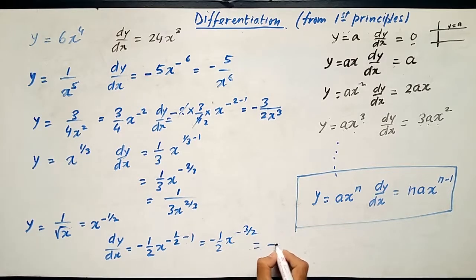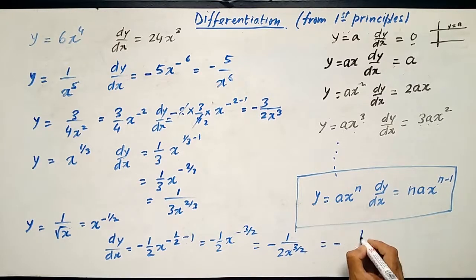Okay, we can write this simply as minus 1 upon 2 times x to the power 3 by 2, or we can also write it this way, minus 1 upon 2 square root of x cubed, whichever way you want. So these are some problems that I have solved on differentiation, applying the general formula for differentiation.